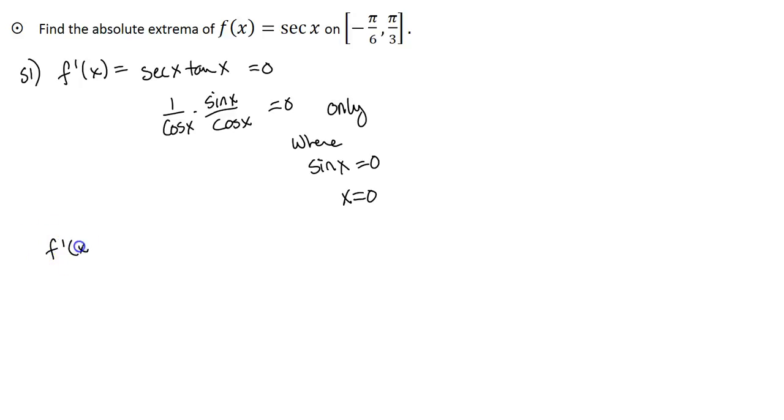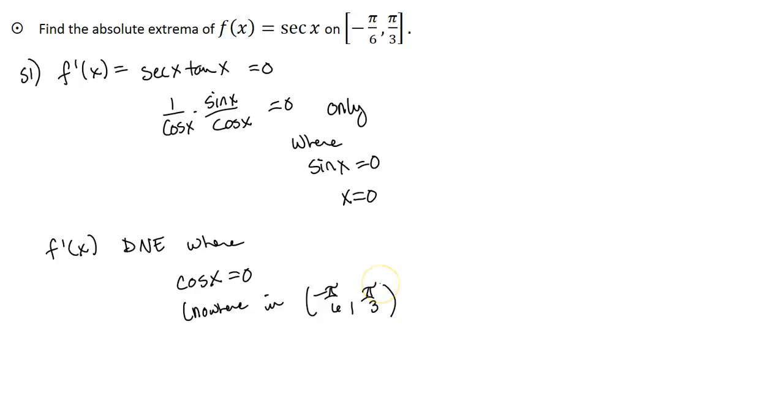Now f prime of x does not exist where the denominator, or cosine of x, is equal to 0. And this doesn't happen in the interval from negative pi over 6 to pi over 3, because the only places where this happens is basically at pi over 2, which is outside of this interval, and 3 pi over 2, which is also outside of this interval. So x equals 0 is the only critical number.